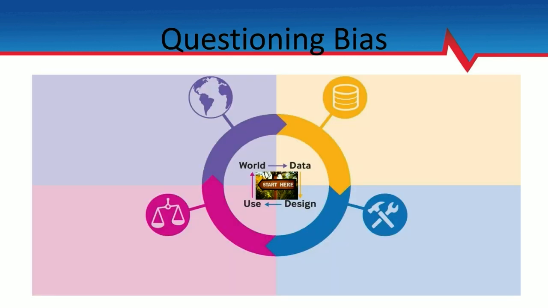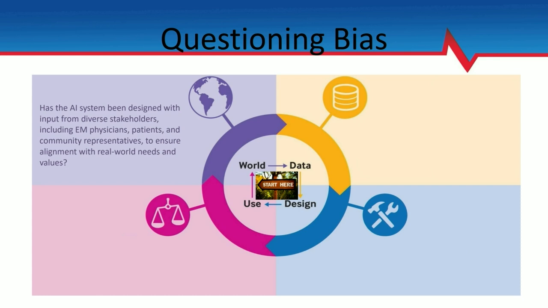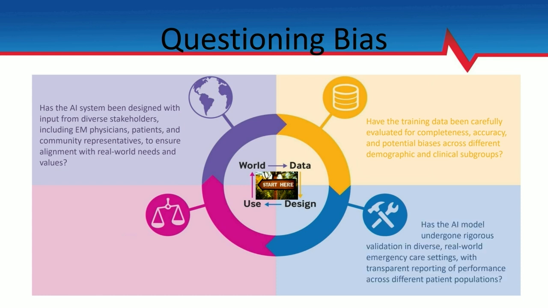So putting this all together, we're gonna come back to those questions. When we're talking about bias in the real world, we have to question, again, who are the stakeholders, who is this AI designed to help, and who actually conceived of it? Were all the people at the table that needed to be there? If so, then it's okay. If not, then we might want to think about how that biases the model. When we're talking about the real world, about data, we want to talk about whether it's complete, whether it's accurate, and how we handled it.